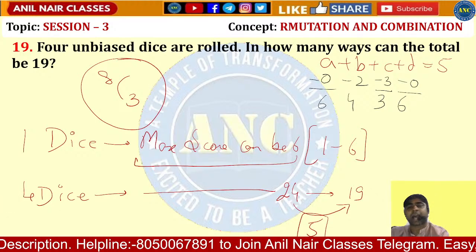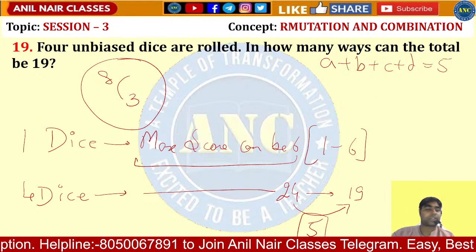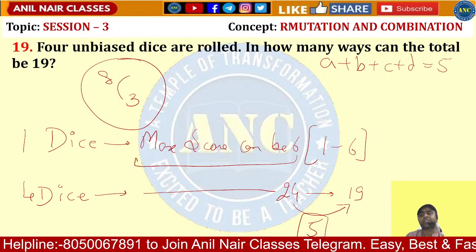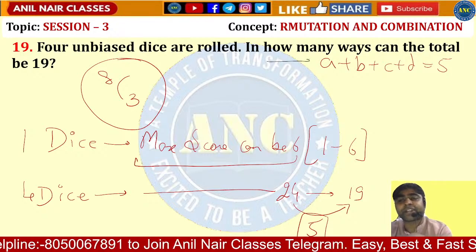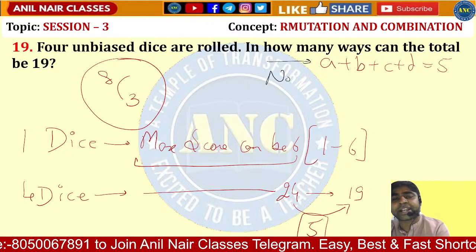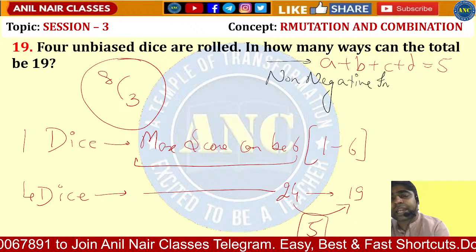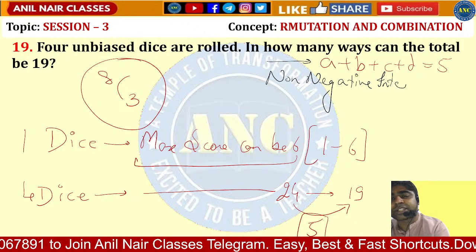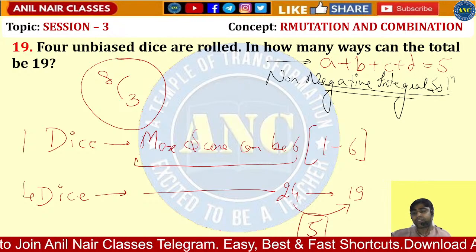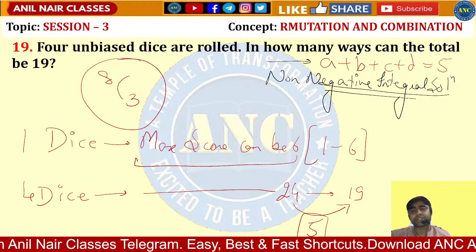So what do I have to find out here? The non-negative integral solutions. Doesn't it become a very good question to solve? So this becomes a question which infuses the concept of non-negative integral solutions.